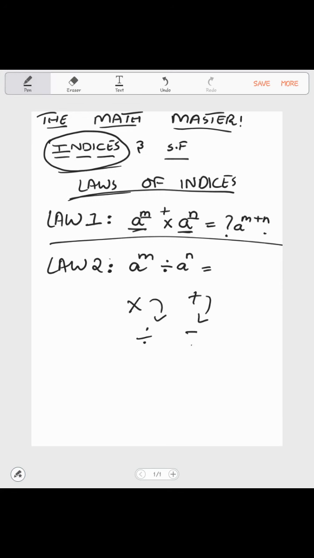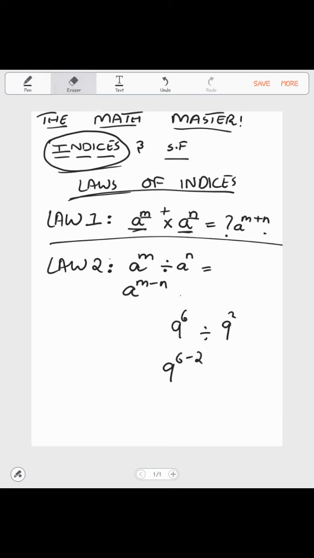Simple, subtraction. So a^(m-n) is your answer. Similarly, if 9^6 were to be divided by 9^2, it would give you 9^(6-2). Pretty easy.